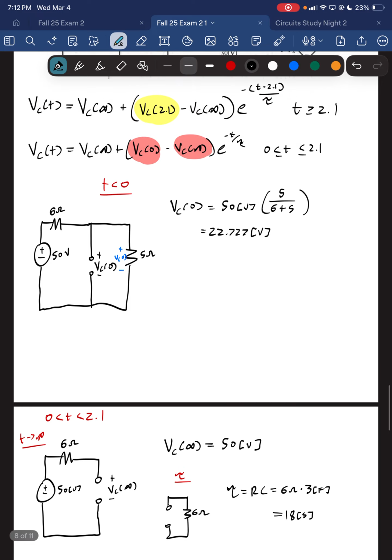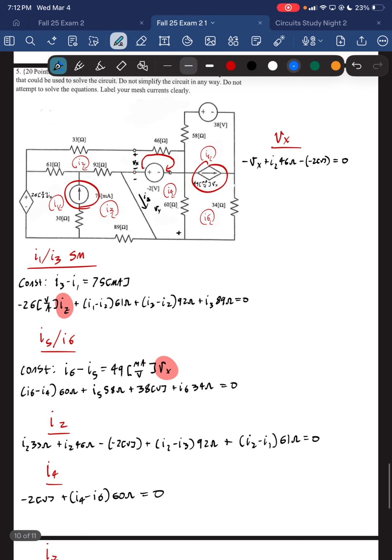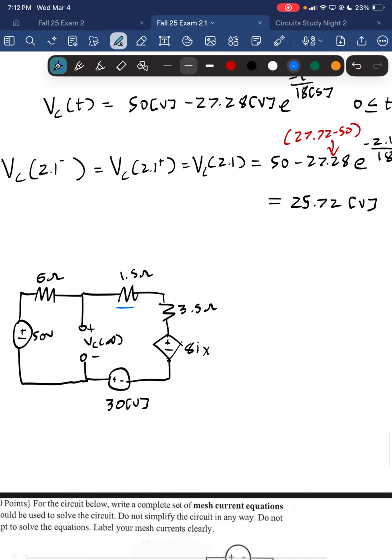Okay, and Ix is defined to be the current traveling through this branch.